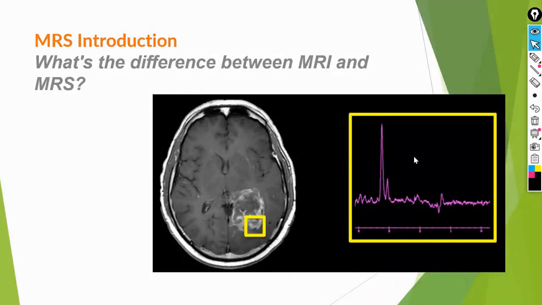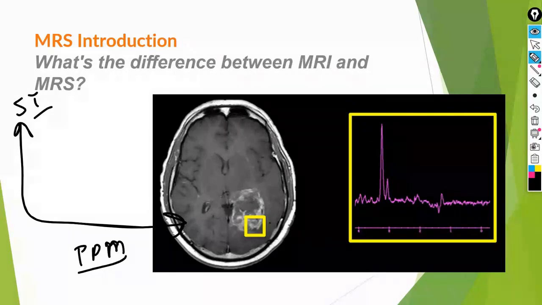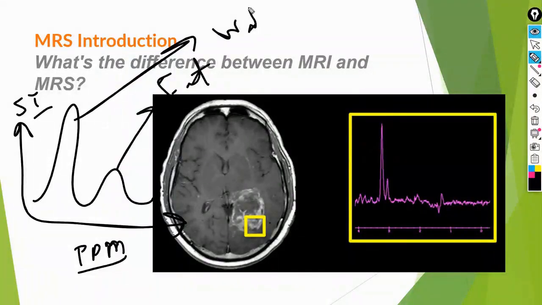When we look at the shape of the signal, this is the signal intensity on the y-axis, and here they call it parts per million, which is the chemical shift I will talk about shortly. The shape of the signal that I always receive, which I rely on in my image, looks like this. This is the signal for fat, and this is the signal for water.